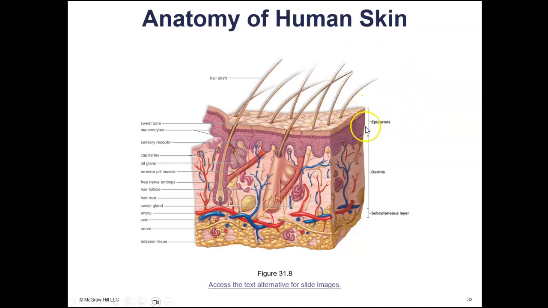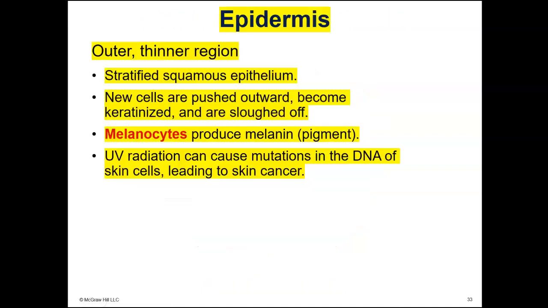The dermis is composed of connective tissue, a reticular layer and a fibrous connective tissue layer. And then you have the hypodermis, which isn't technically a part of the skin itself, but it's underneath the skin, and it has a lot of fat tissue as well as loose connective tissue.